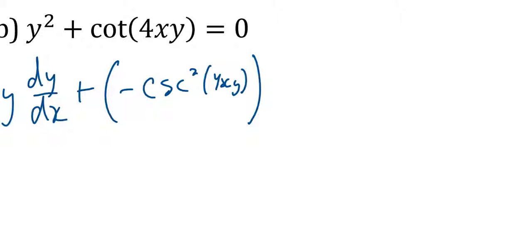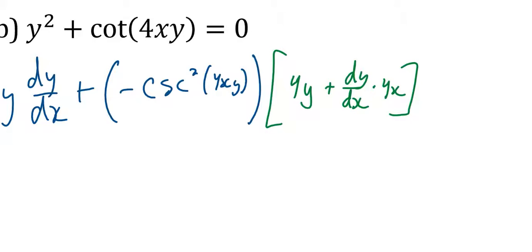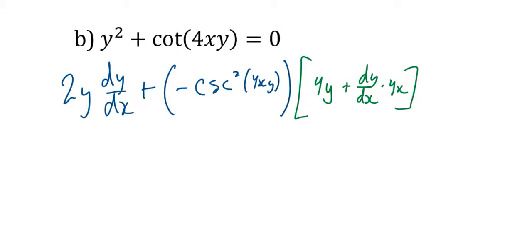Derivative of the first thing times the second thing, plus derivative of the second thing, which is just dy by dx, times the first thing. And then we're going to have to do a little bit of work to expand this stuff out.